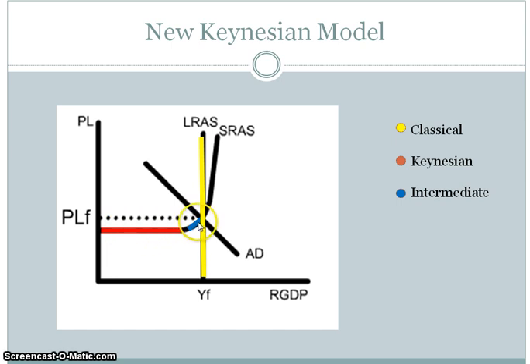They will curve up to show the intermediate range, and then you will continue along with the short run aggregate supply curve. And where you have the intersection of the short run aggregate supply and the aggregate demand, you will draw a vertical long run aggregate supply curve. And then that will show the different phases that go along with it.